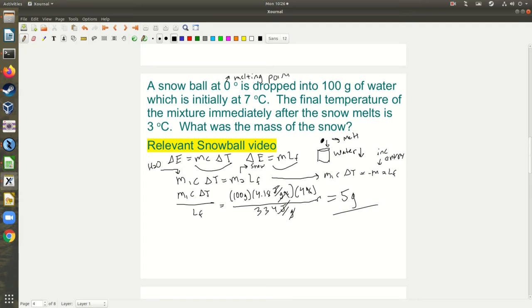Back to the melting point. I promised you that I would go back to it, and here I am back to it. Okay, so here's why the 0 is important. If, let's say, the initial temperature was, say, negative 10, you would have to account for the energy needed to heat it up to 0.